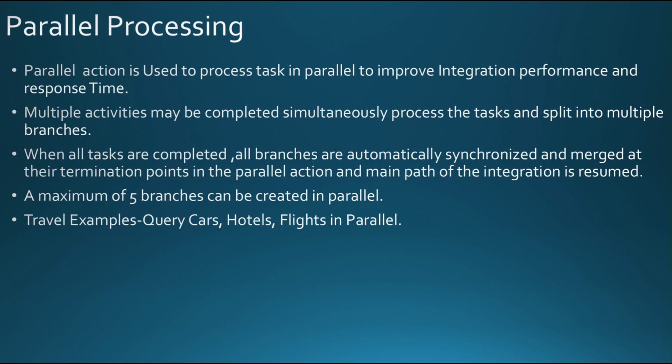So you can enable a maximum of 5 branches within a parallel process. For example, when you are building any kind of integration for flight booking, hotel booking, and looking for any traveling facility like cars, in that scenario, you have to make use of this parallel processing approach.